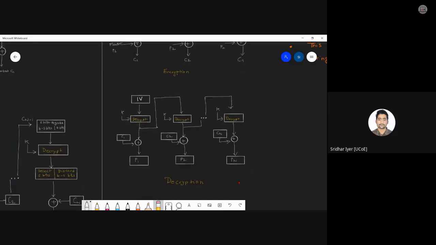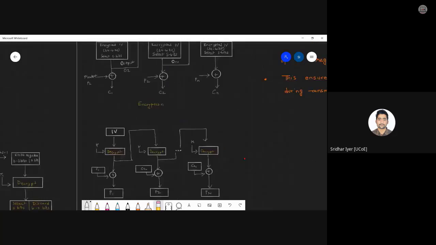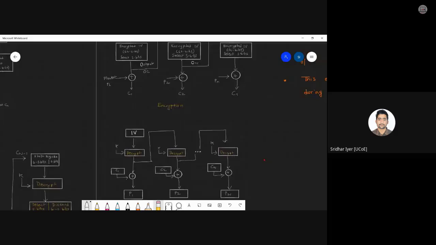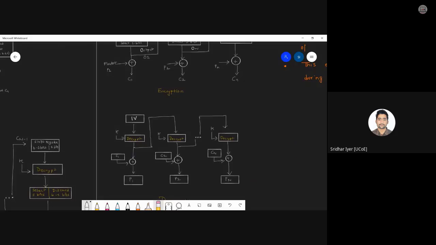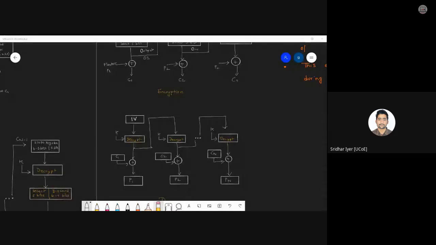But in this case, we don't need those S bits, yes or no? Because in the previous case, those S bits were XORed with the plain text to get the cipher text. But is it so in this case? Do we need to select those S bits and then XOR them? No. Clearly, we don't need that. Why?